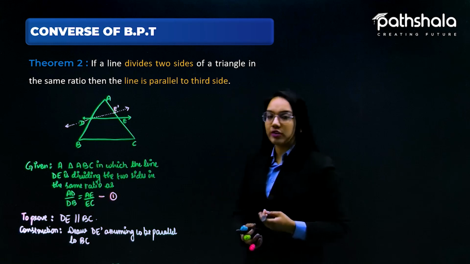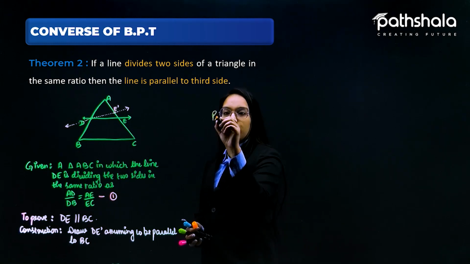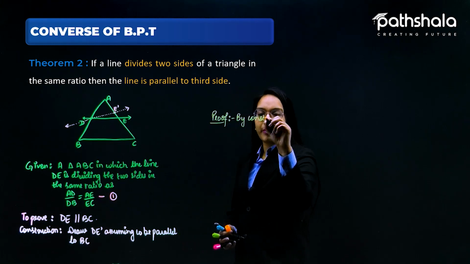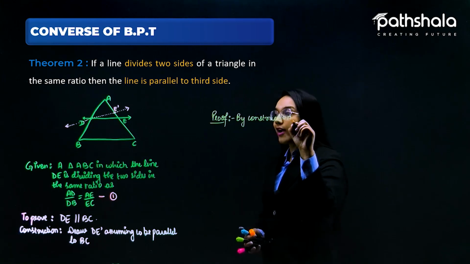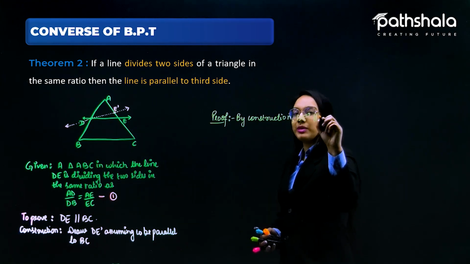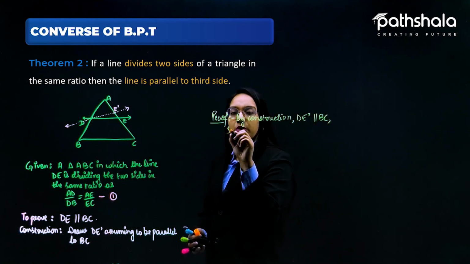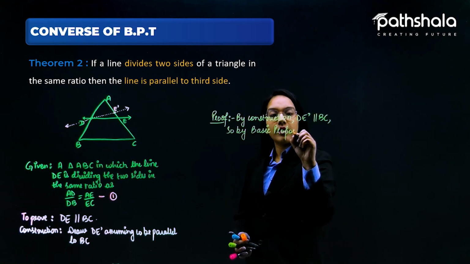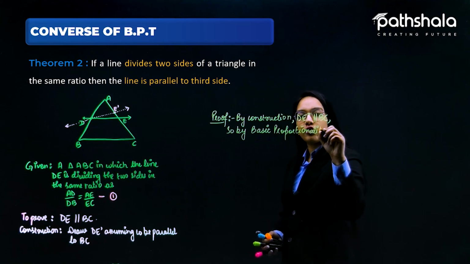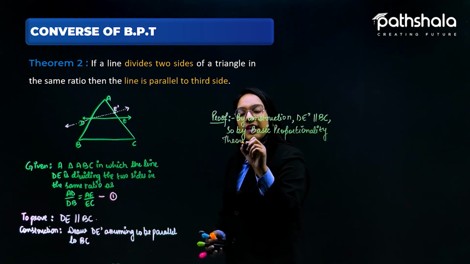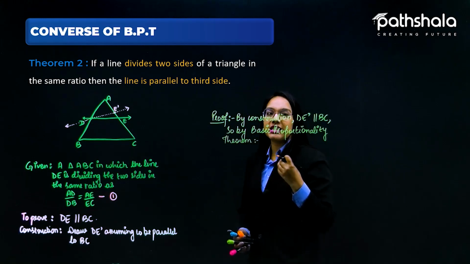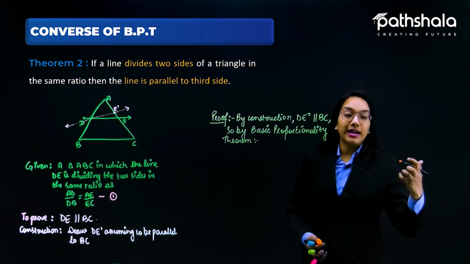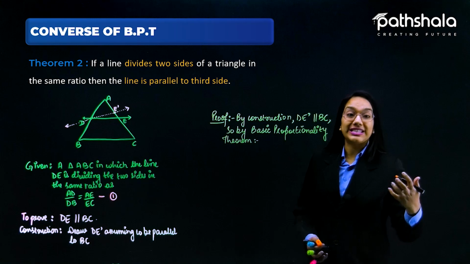Now let's start the proof for this theorem. By construction, we have taken DE dash parallel to BC. So by BPT, the basic proportionality theorem, if a line intersects the other two sides at two distinct points, then it divides them in the same ratio.